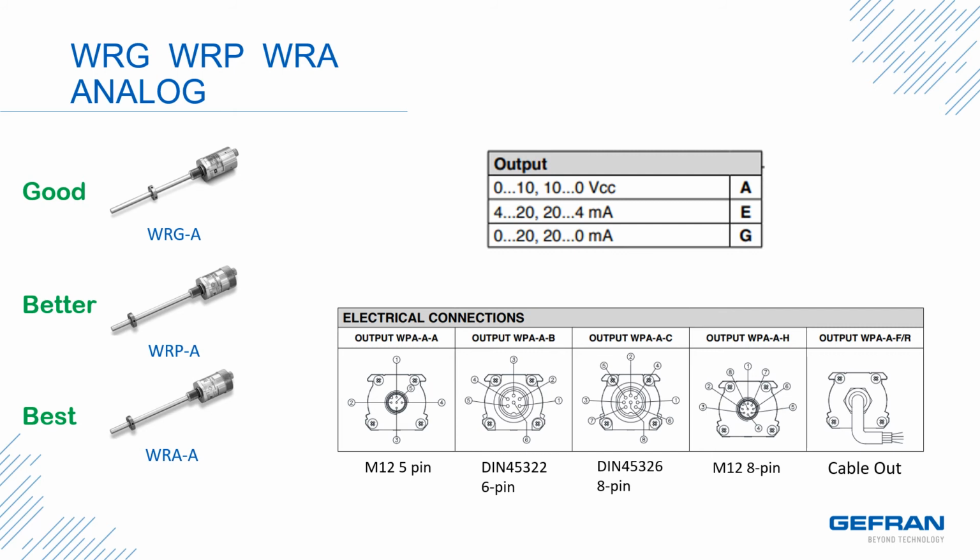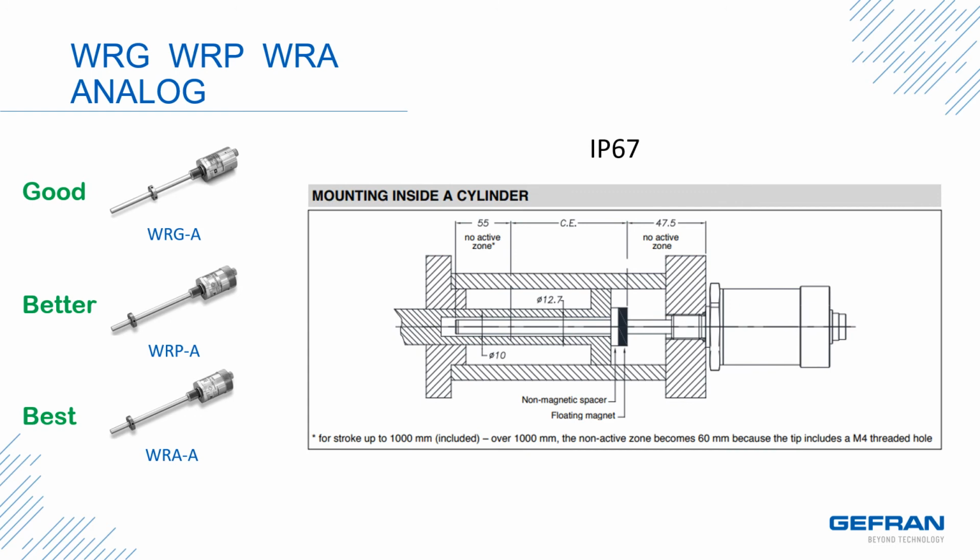The available electrical connectors include an M12 5-pin, a DIN 6-pin, a DIN 8-pin, an M12 8-pin, and cable out. All three of these series are rated IP67 and are suitable for mounting inside of a cylinder.